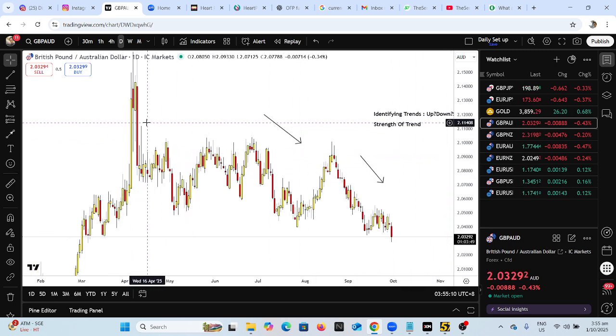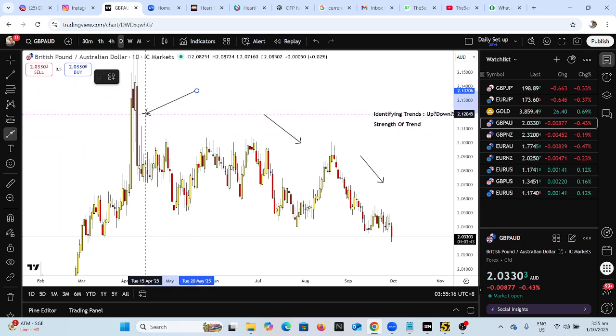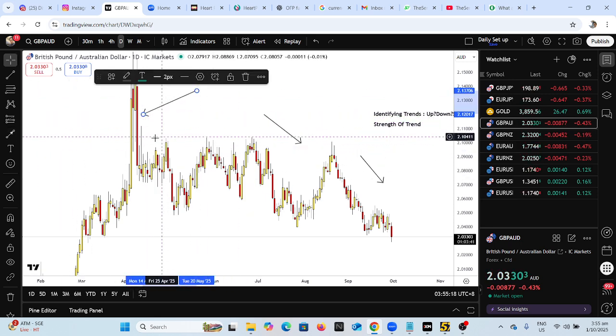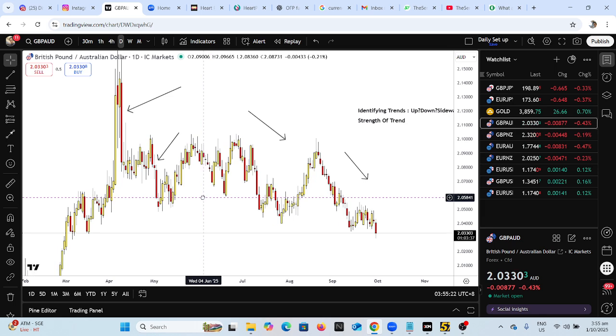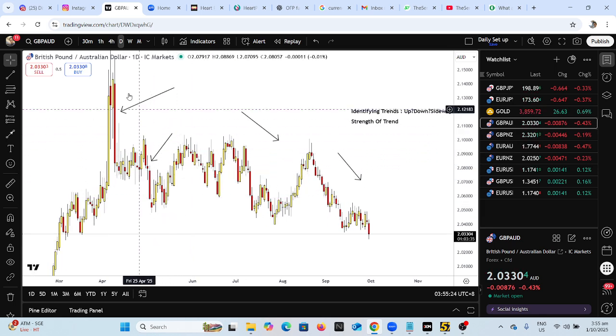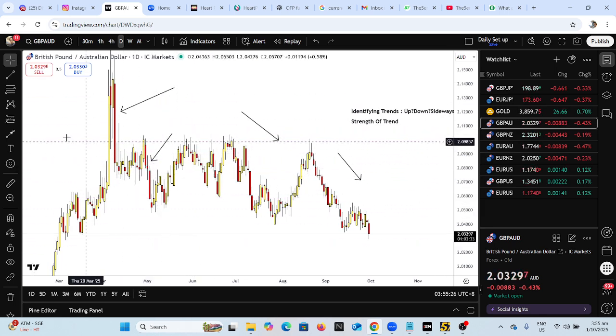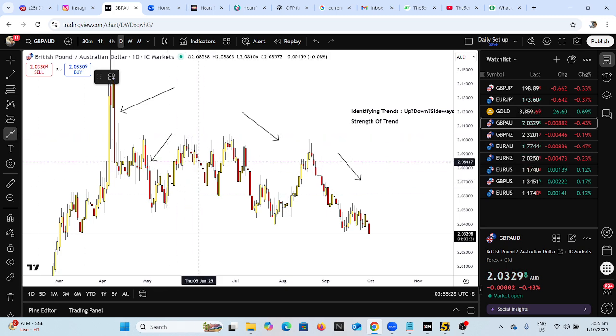Let me illustrate. Say you see this down move, that's number one, the start of a downtrend. Then it's followed by another strong move. Just follow me through this. One strong move down, another strong move down, and after a few days we don't see a lot of strong moves until this strong move down.